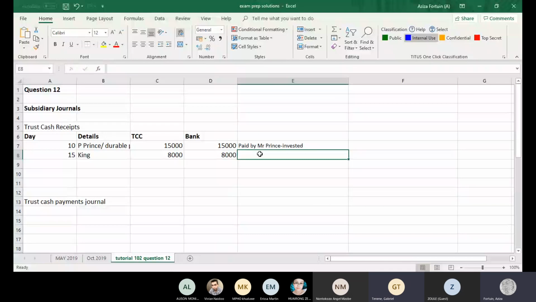Close the savings account, the 23,300 that was received. And where does that go? Okay, trust cash receipts, it's from SA Bank. SA Bank.